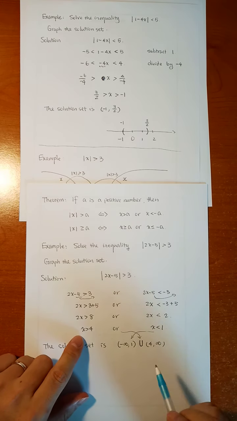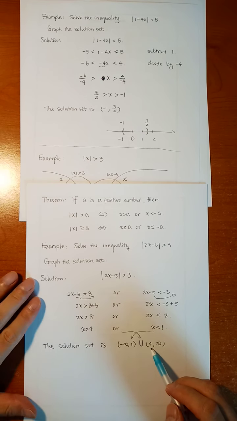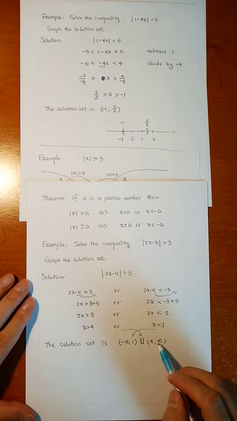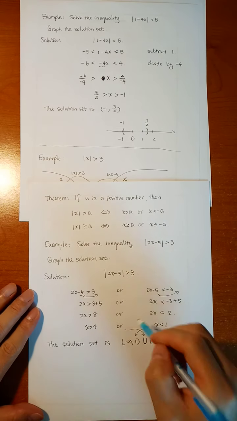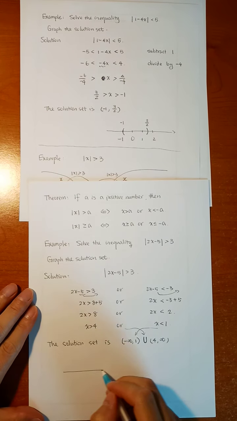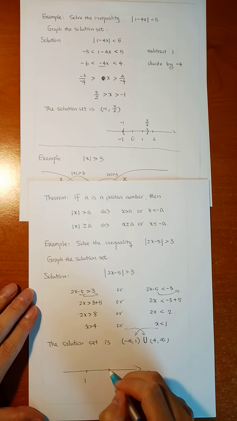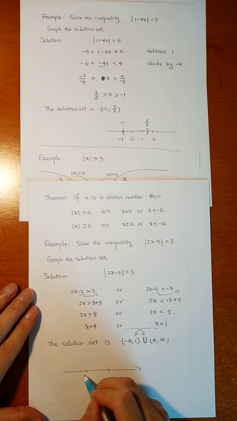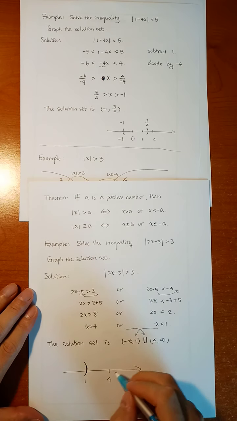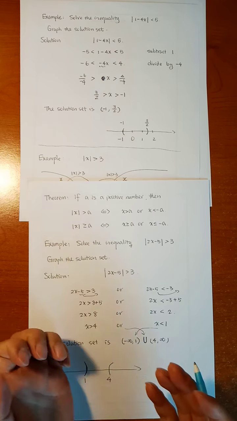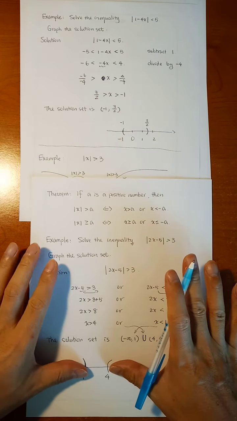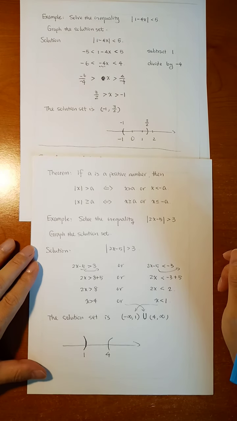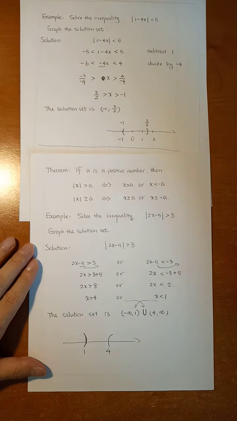The bigger number goes on the right side, so I put x greater than 4 in the second position. Between them, you have a union. The graph: 1 with negative infinity on the left side, 4 with positive infinity on the right side. This piece plus this piece. So you get these two pieces together.